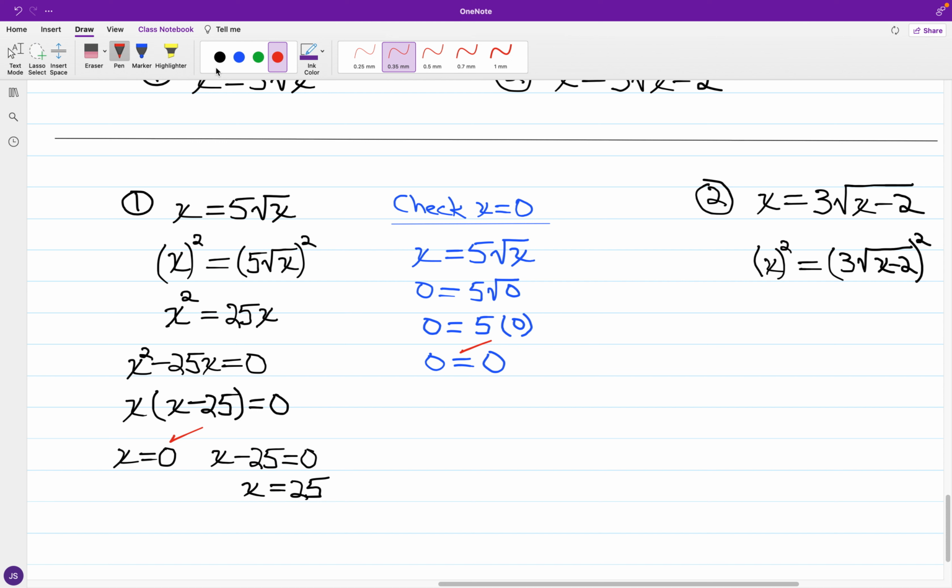So 0 is going to check out. And to see if we have two solutions, we check the consistency of x equal to 25.